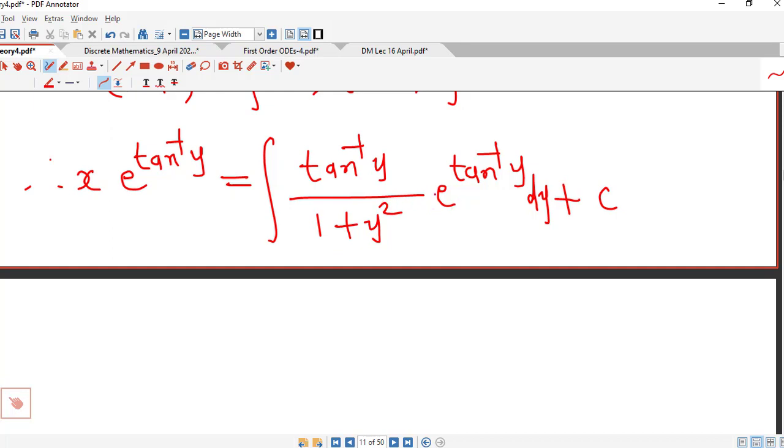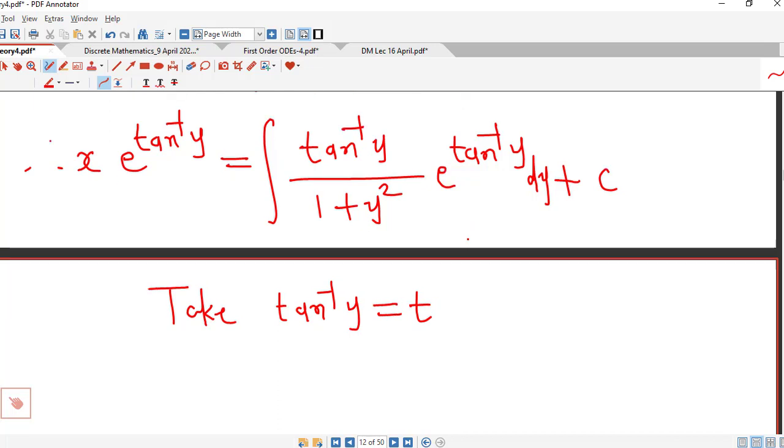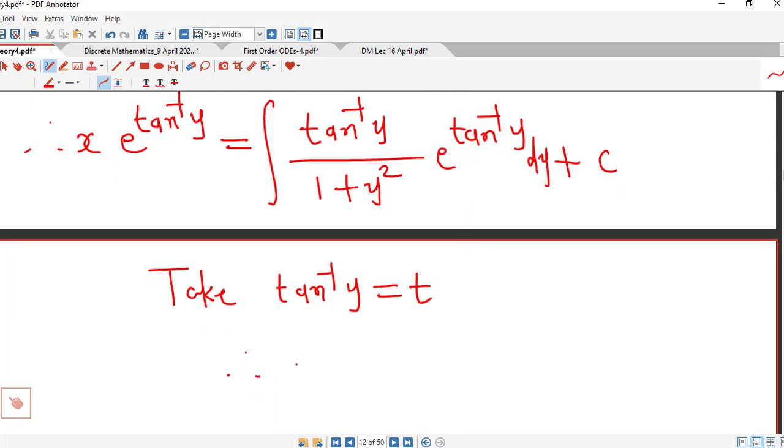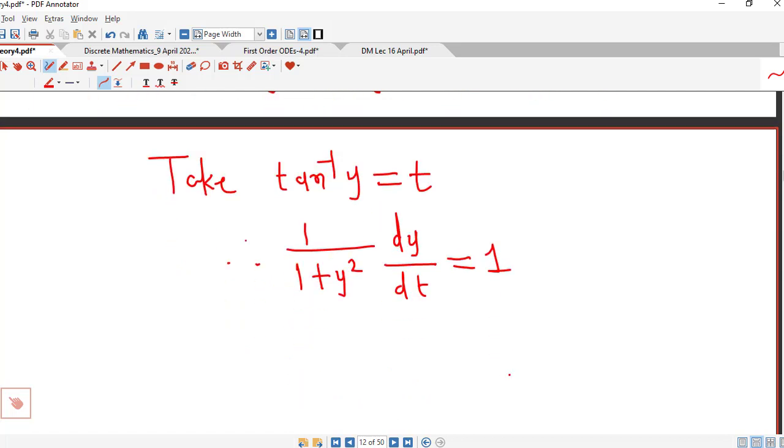Here we can assume that we take tan inverse y equal to some other variable, t. Suppose we consider this substitution, tan inverse y equal to t. We are changing the variable of integration from y to t, and if we differentiate with respect to t on both sides, the derivative of tan inverse y is 1 over 1 plus y square into dy by dt, equal to the derivative of t, which is 1.